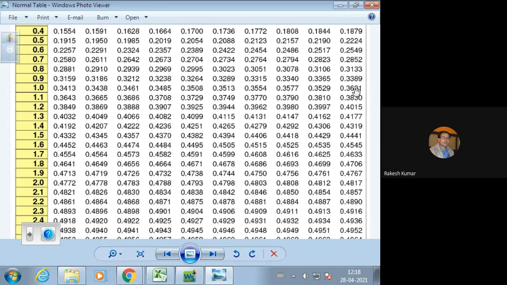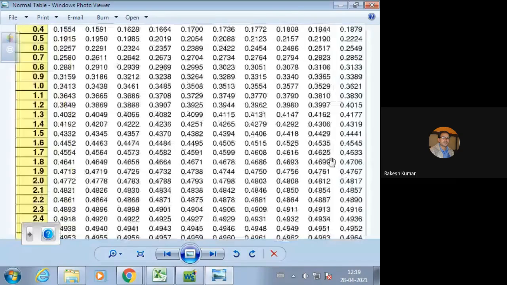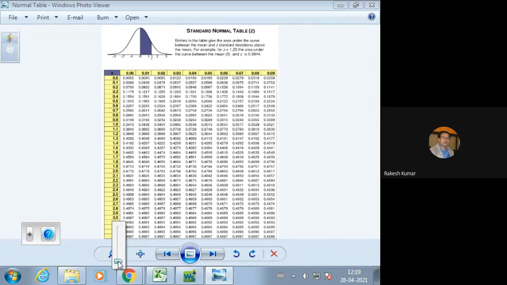So this area comes under 1.0. It is in the 1.0 row, the last value is 0.3621, and from the column above, it is under 0.09.